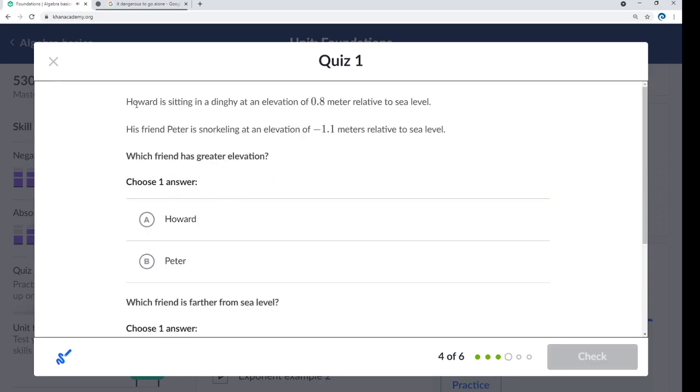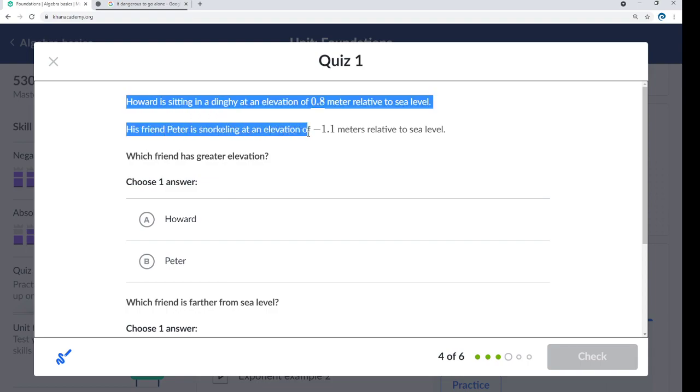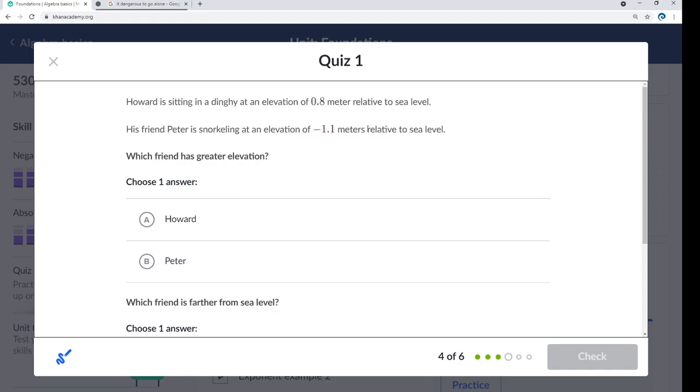Howard is sitting in a dinghy at an elevation of 0.8 meter relative to sea level. His friend Peter is snorkeling at an elevation of -1.1 meters relative to sea level. Which friend has the greater elevation? So elevation is your height, right? So Howard is at a greater elevation than Peter.